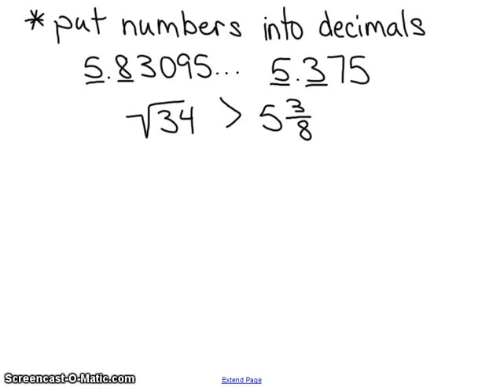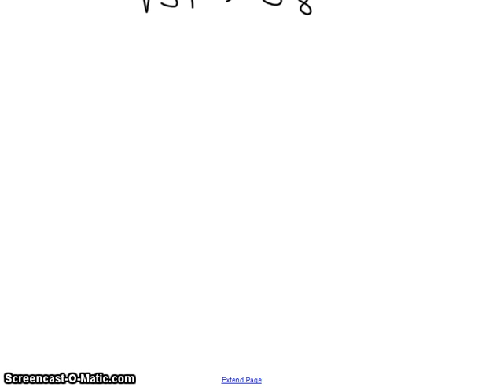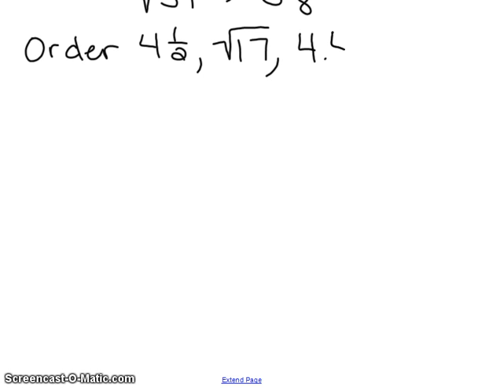Okay, we might also be asked to order numbers. So we're going to order 4 1/2, the square root of 17, 4.4 repeating, and the square root of 16. Again, we're going to put them all in decimal form.